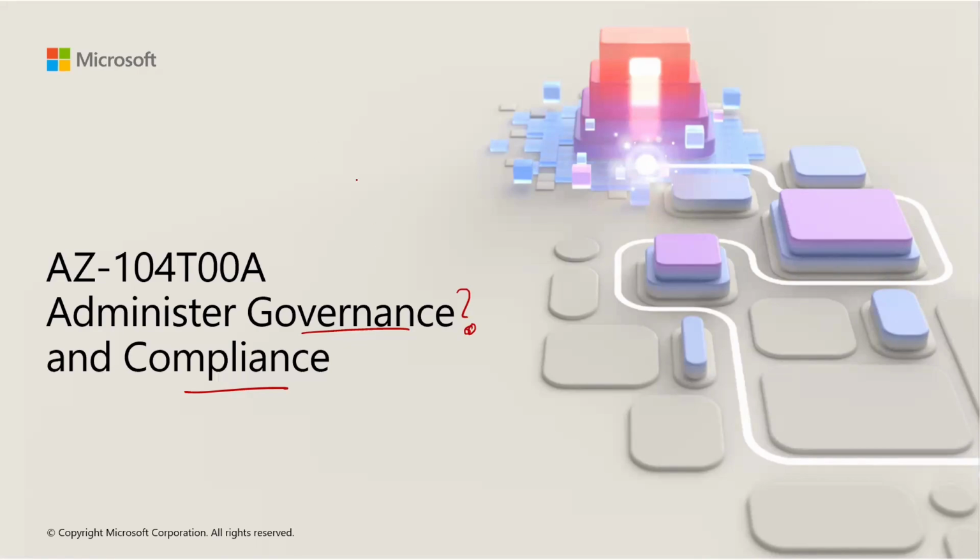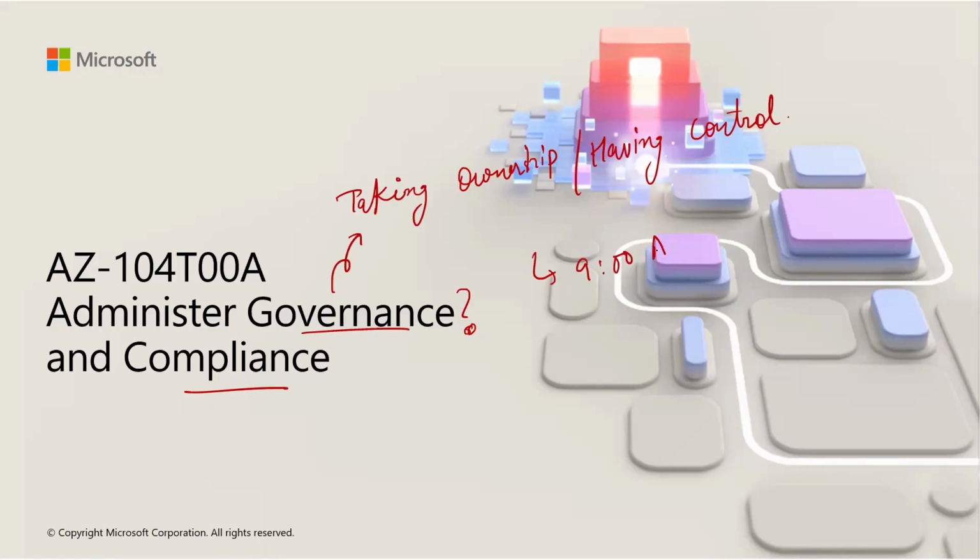So governance is all about, in a single word, taking ownership, or having control over something. Am I right? Having control, taking ownership, whatever we want to call it. Remember in schools we had an assembly time where we had to gather at the assembly ground, let's say at 9 a.m. sharp.